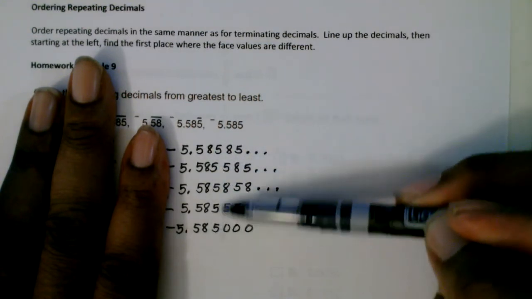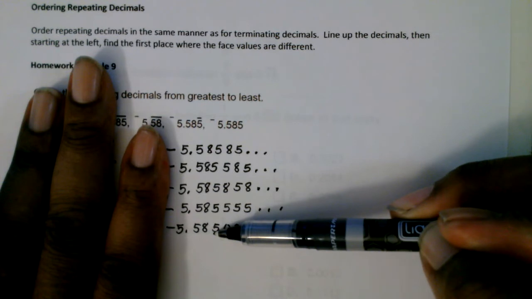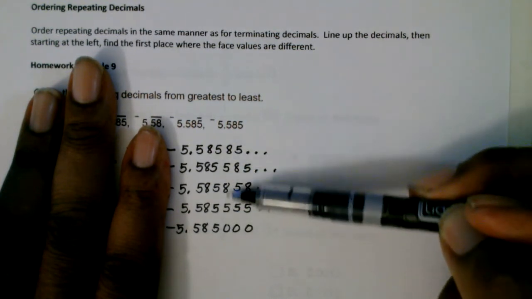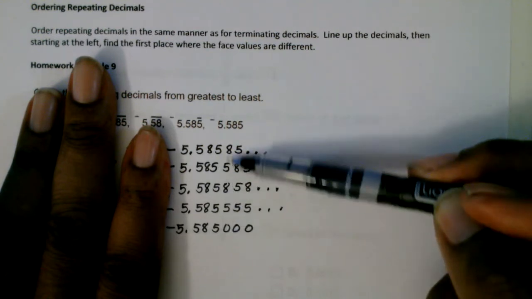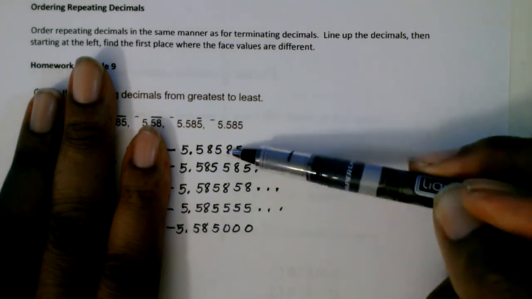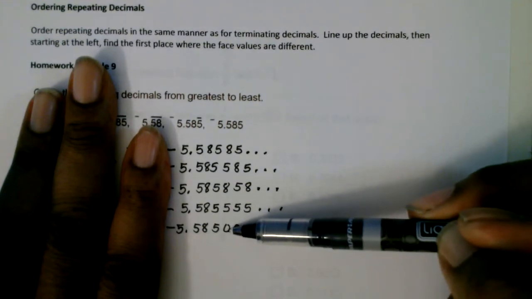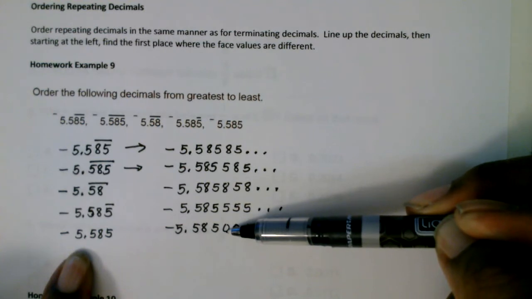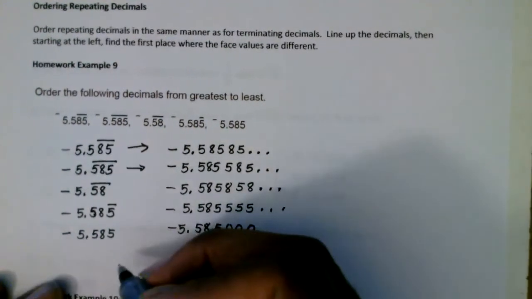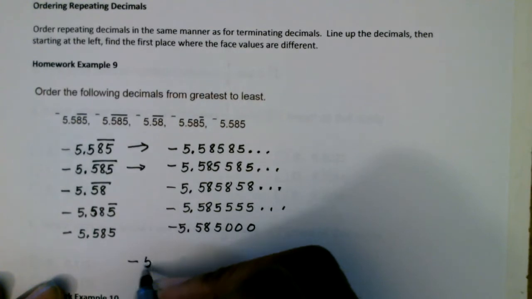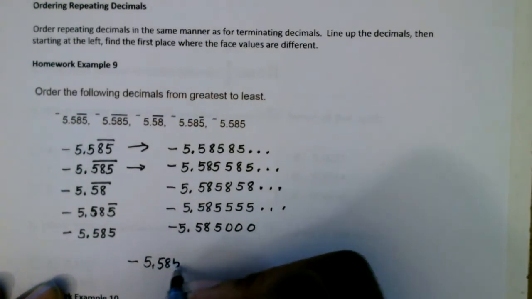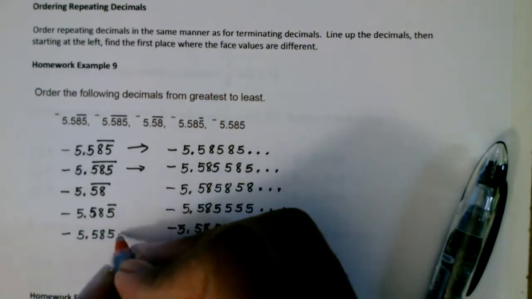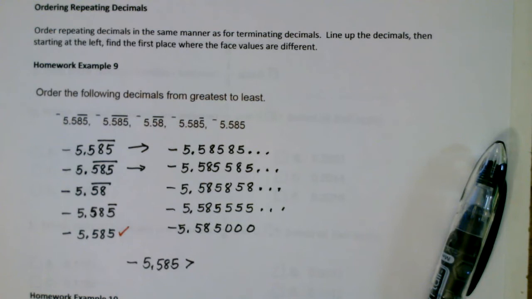In the 1000ths place, the 5s are still the same. From here, notice they're different. The 8s and the 5s are different here. The smallest is right here, and that's going to be the -5.585. That's going to be the greatest.